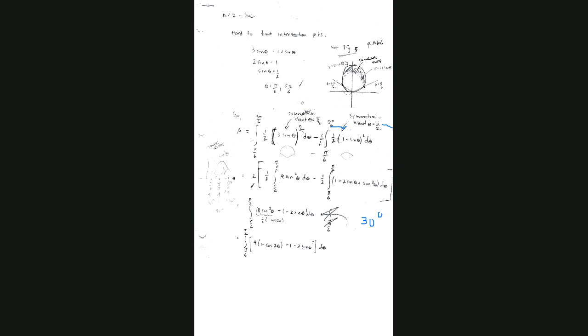And you can see just by looking at the angles that this looks about right. This angle here is about 30 degrees, and this angle here is about 150 degrees. The picture's not perfect, but you get the general idea.